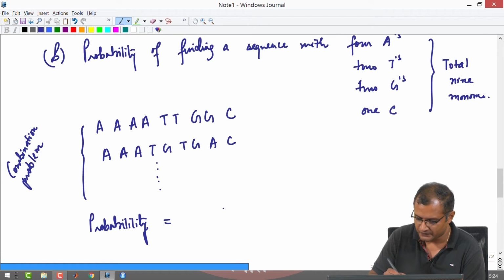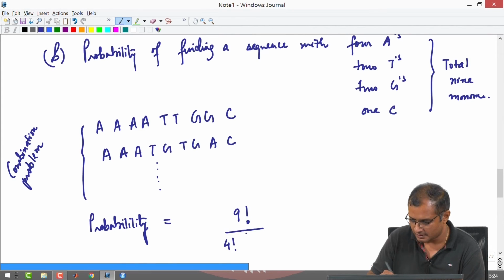If you have 9 monomers, this is a multinomial coefficient, where you can say that this is equal to 9 factorial divided by 4 factorial into 2 factorial into 2 factorial into 1 factorial.